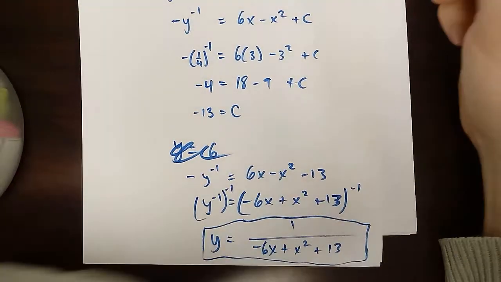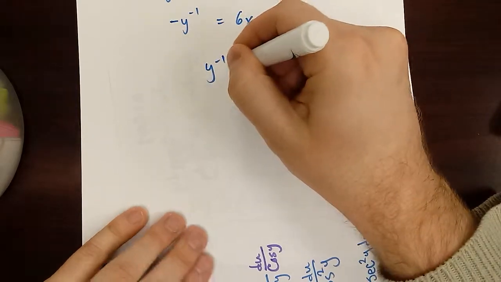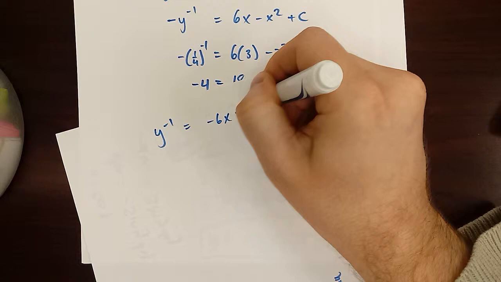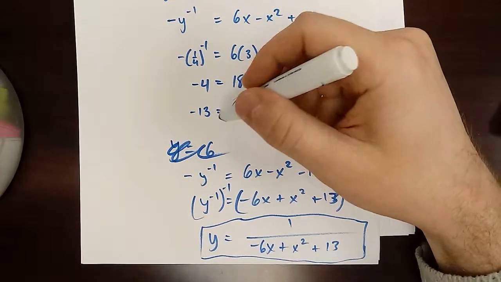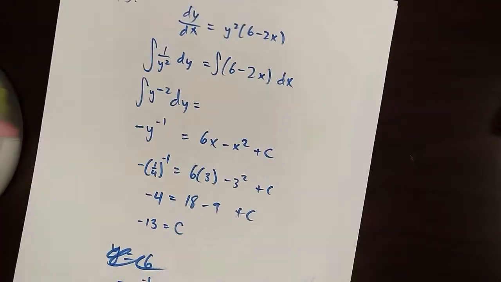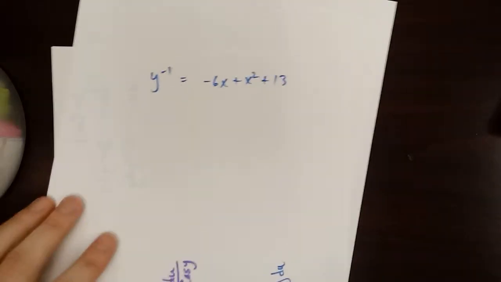An alternate way to handle that: we have y to the negative 1 is equal to negative 6x plus x squared plus 13. Just an alternate algebraic route to the same answer.